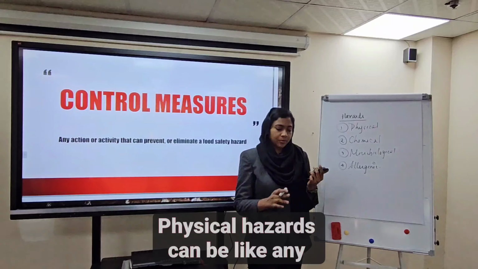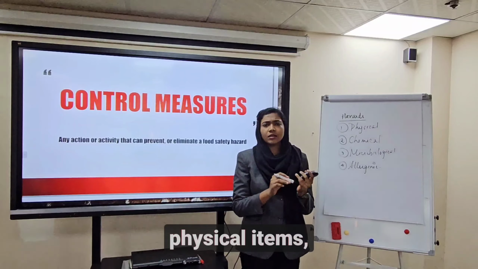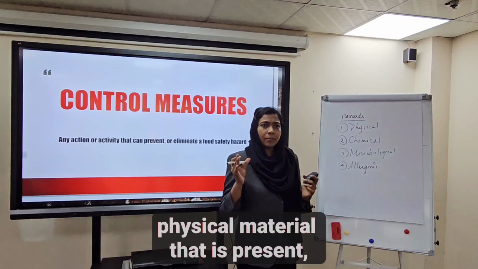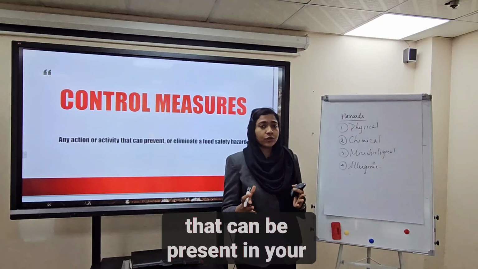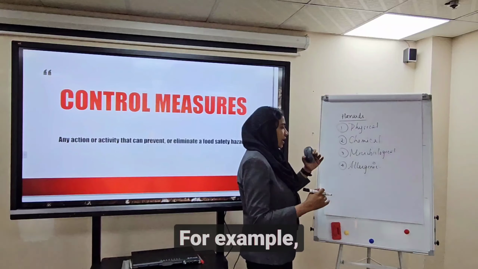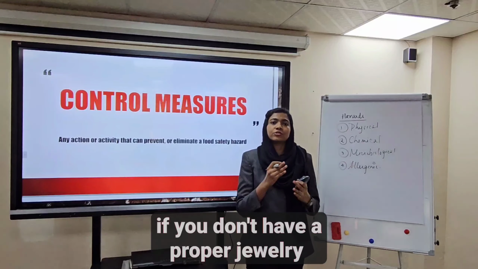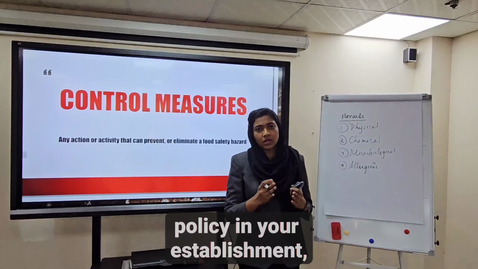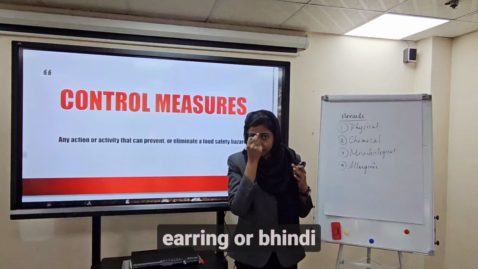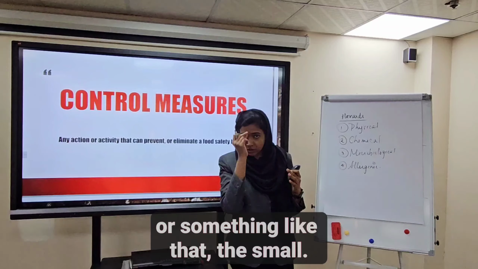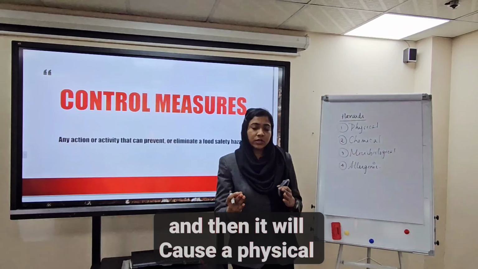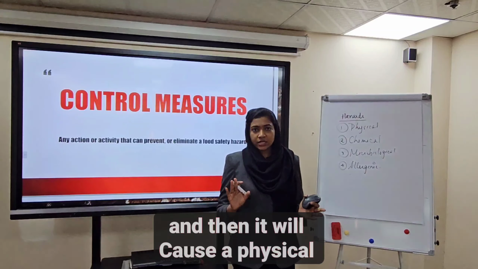So what are physical hazards? Physical hazards can be any physical items, physical material that can be present in your food. Maybe accidentally you are adding it to your foods. For example, if you don't have a proper jewelry policy in your establishment, the workers are wearing any earring or bindi or something like that, it can accidentally fall into the food and then it will cause a physical hazard.